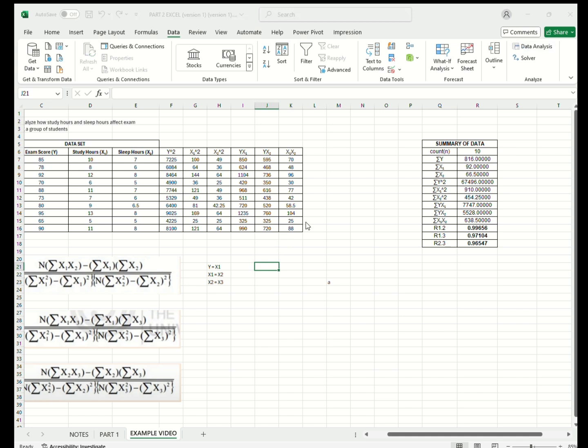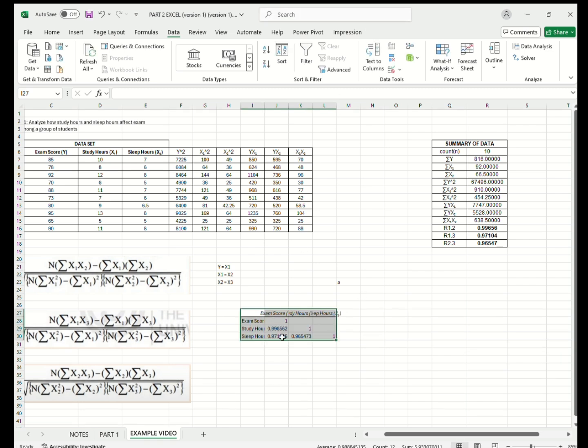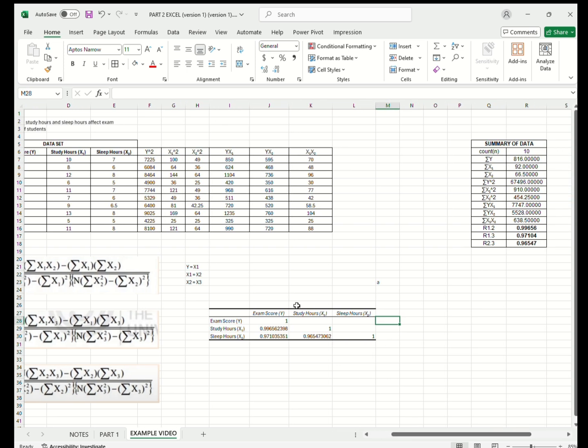Now, analysis in Excel. Here, we can select the correlation. First, we need to select our data set here, and then as you can see here, we have the same values.